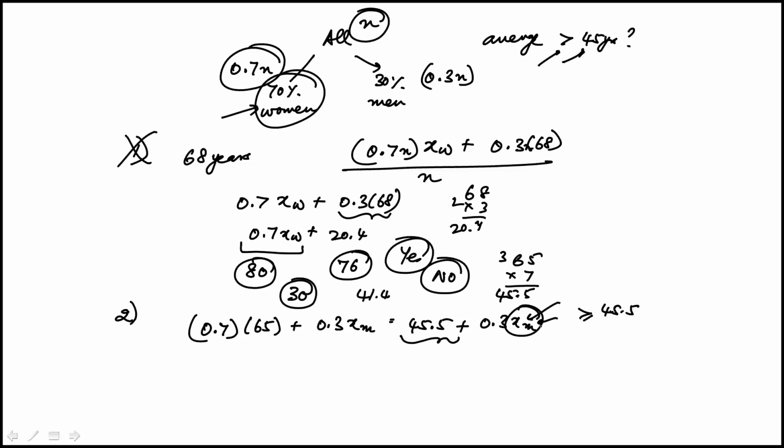I mean, if this was 0, newborns, I guess, or really young, the least will always be 45.5 or more. And the question really is, is it greater than 45? So no matter what the average age of men is in the club, just the average age of women brings it above 45. So 2 alone is sufficient.